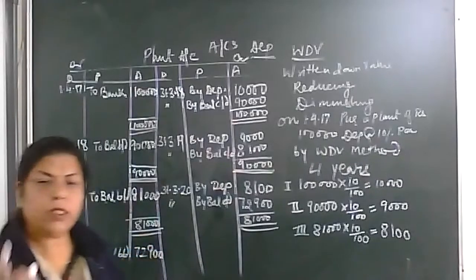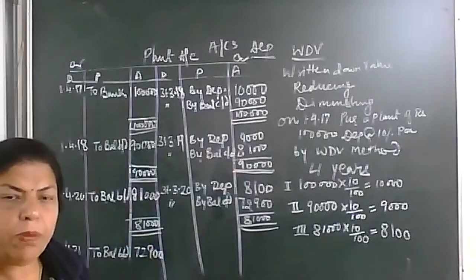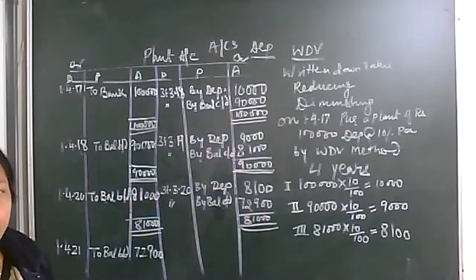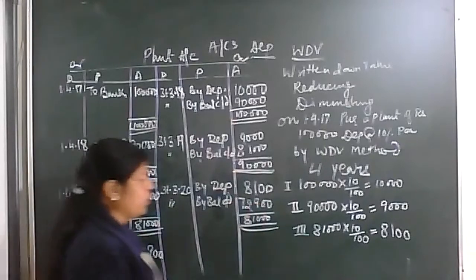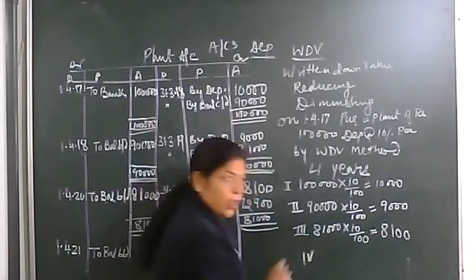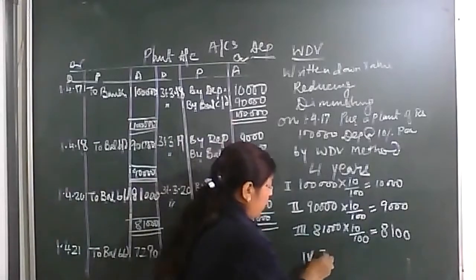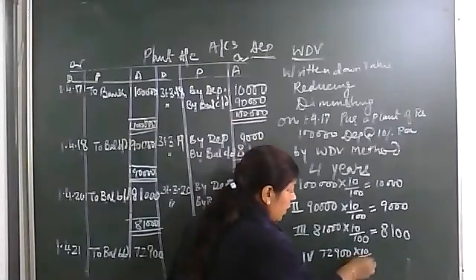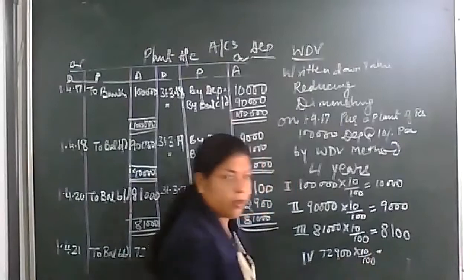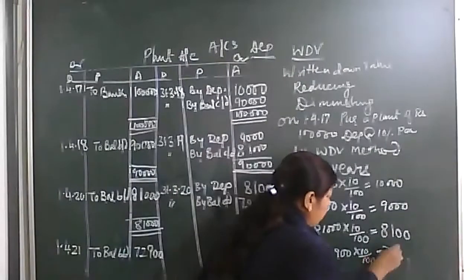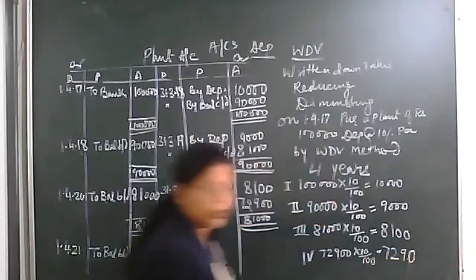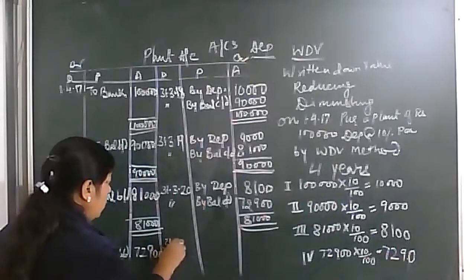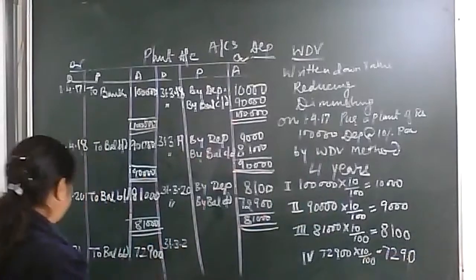Now my question to you: what will be the amount of depreciation in the fourth year? See, the fourth year, 72,900 into 10 upon 100, that is 7,290 rupees. So here, 31st March 20.